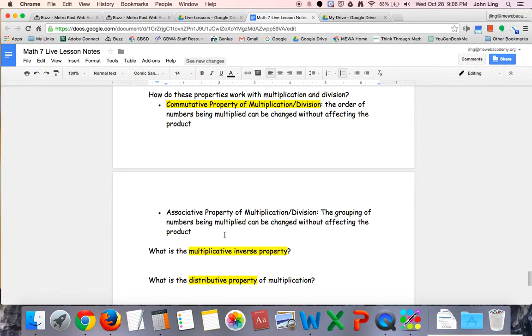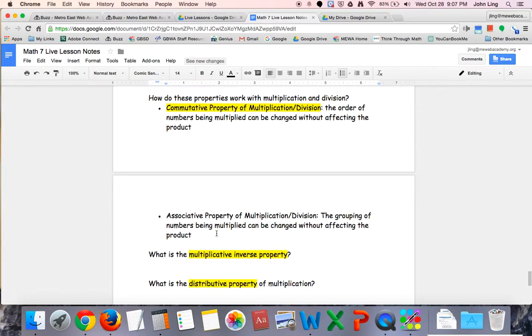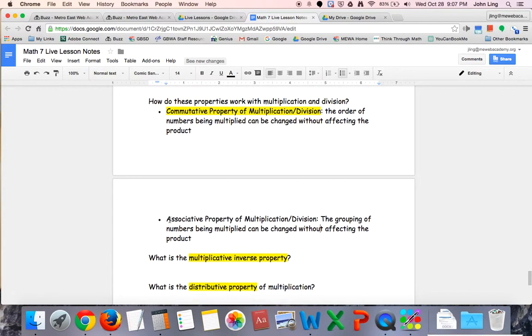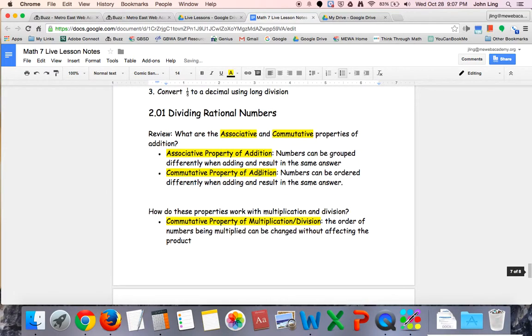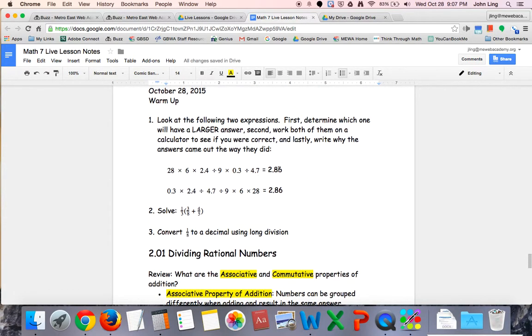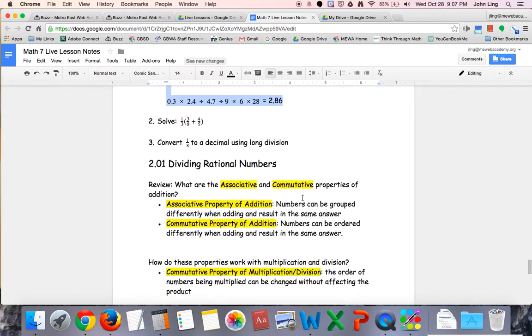The quotient is just your answer for a division problem. So, works the same way. That was like the example I gave you earlier in our warm-up when we added these two different strands of numbers. That's multiplying and dividing, but we moved the numbers around and we still got the same answer, okay?